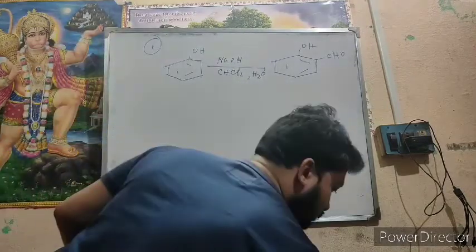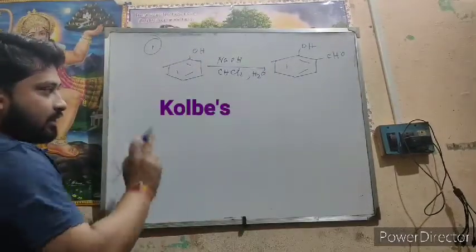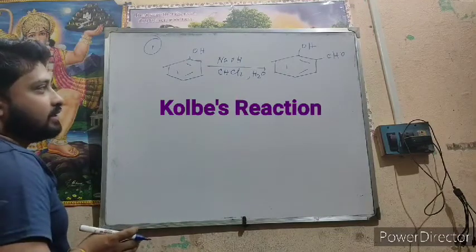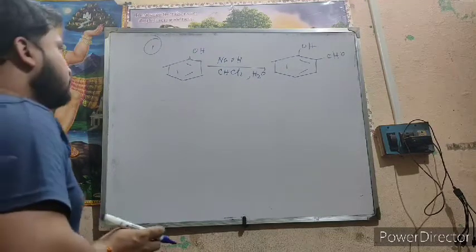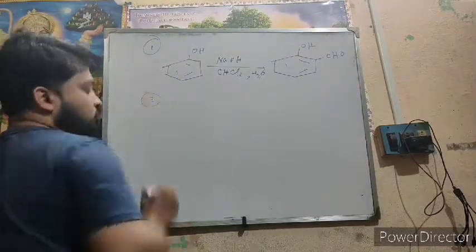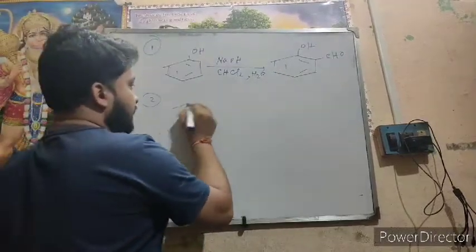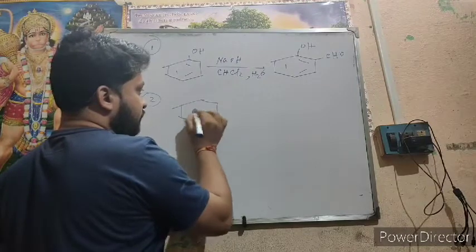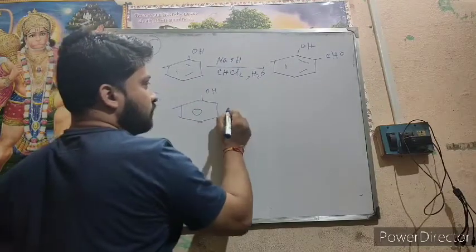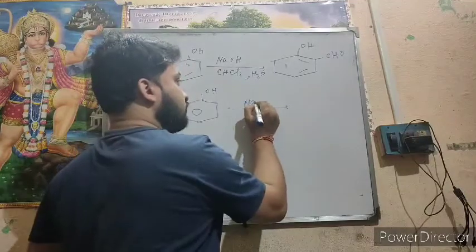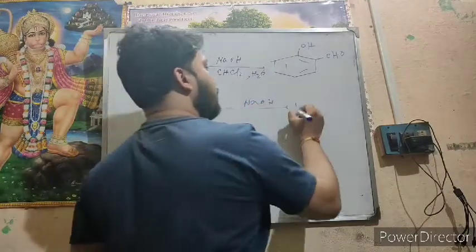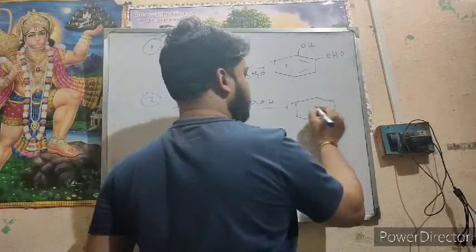Now the second one is the Kolbe reaction. What is it? Number two, as usual, it is phenol and you react it with NaOH. If you react with NaOH, you get ONa.